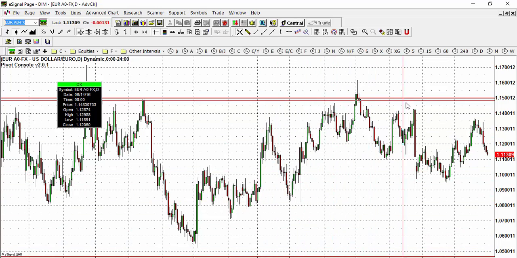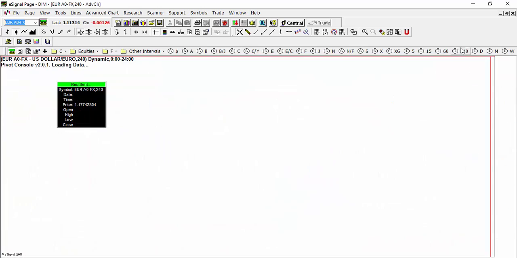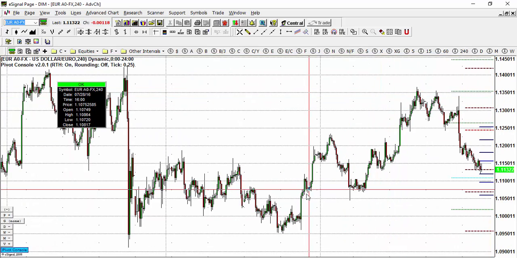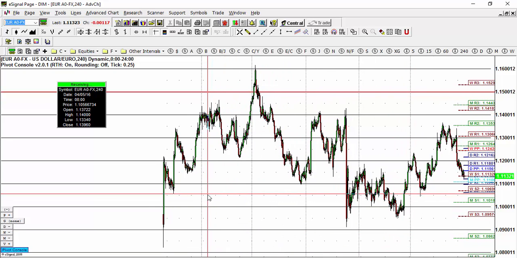But looking at the euro, it is still in a downward trend, especially here on the 4-hour chart. We see that the market is making a series of lower highs and lower lows. Prior to this was a period when it was in an uptrend, higher highs, higher lows. It didn't go that high.